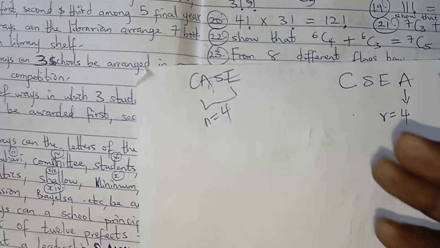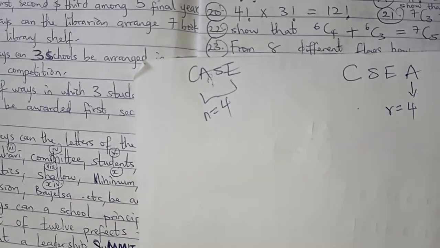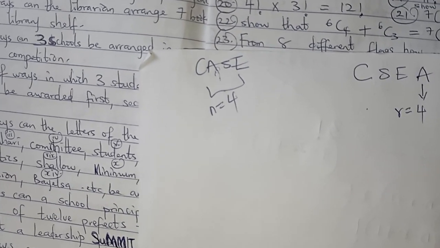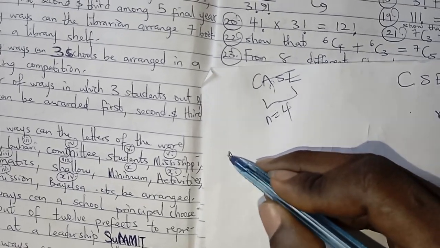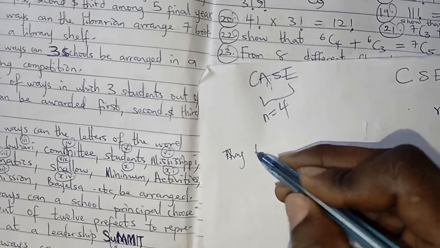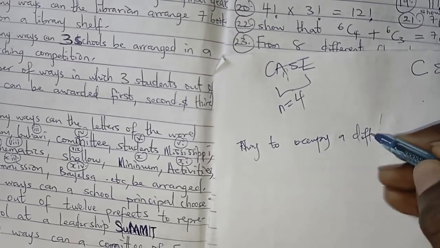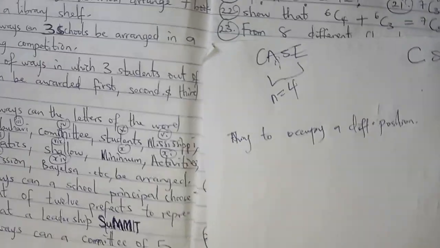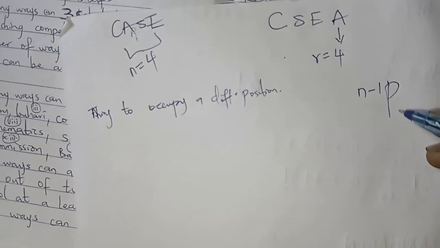The formula I use anytime they are asking me a question where there is a condition for me to make something take another position, so we are moving a particular thing to occupy a different position, I will simply employ the formula of n minus 1 permutation r minus 1.